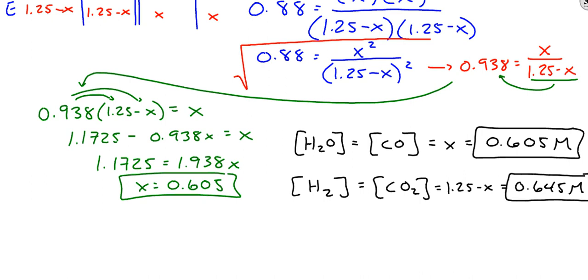So those are my concentrations at equilibrium for all 4 species. And we did that by taking the square root of both sides and then extrapolating that out.